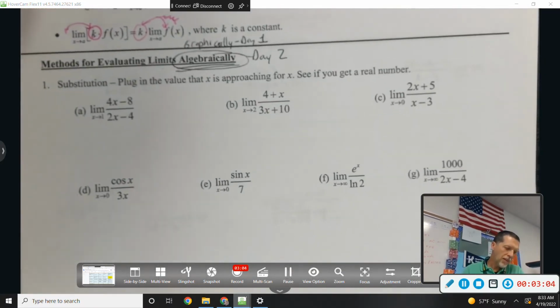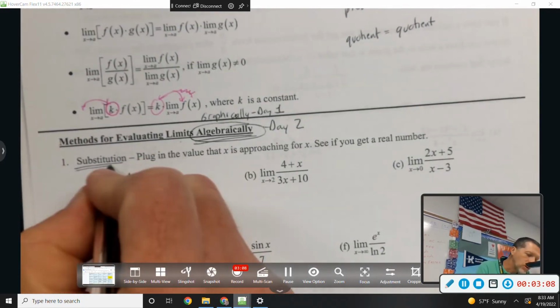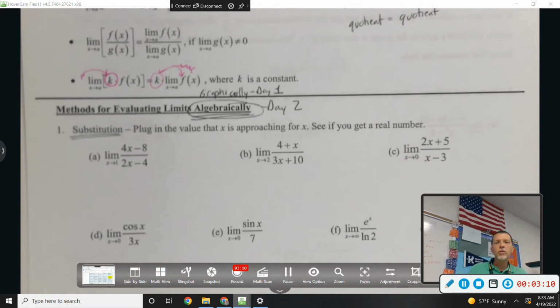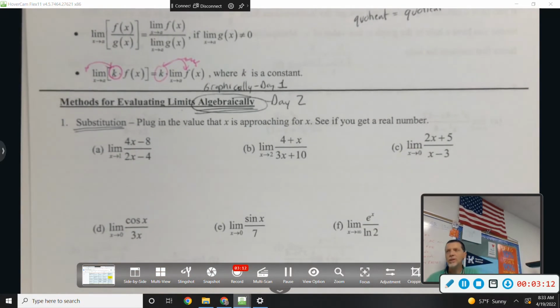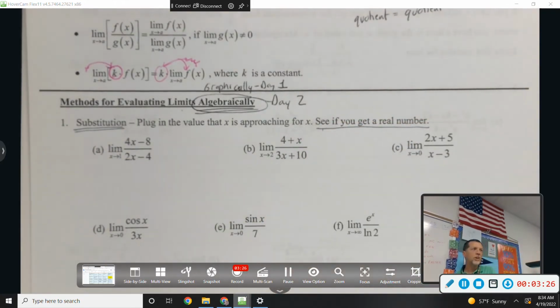The first method, and this is so important because it doesn't work all the time, but if you skip this method, you end up doing more complicated things than you need to do. The first method you try is substitution. And if substitution works, then you're good. Like, see if you get a real number. Because if you do, you're done.